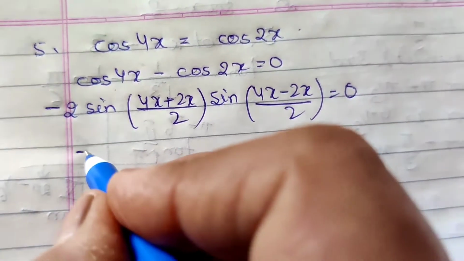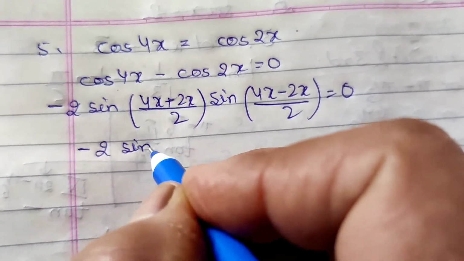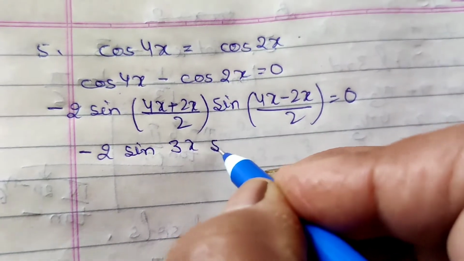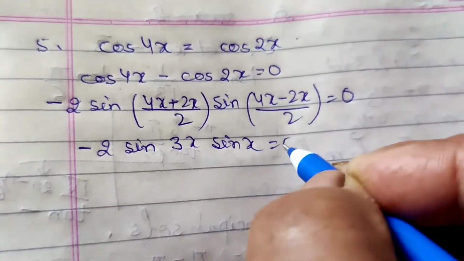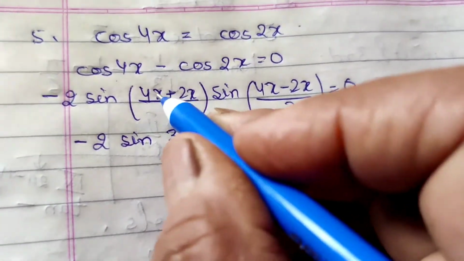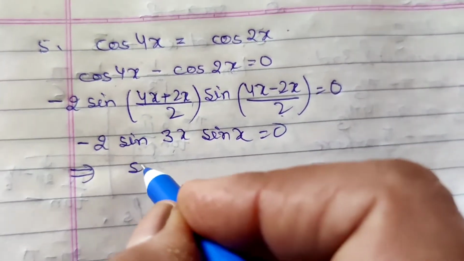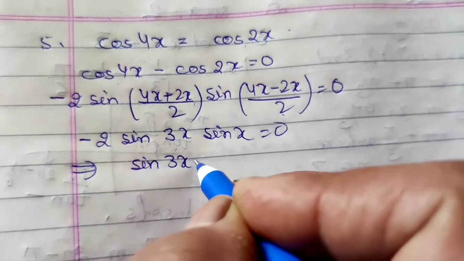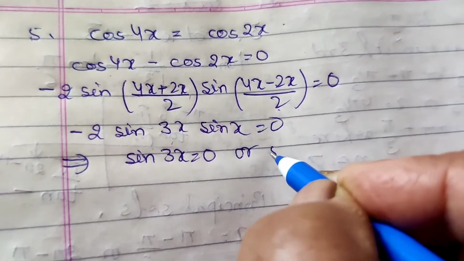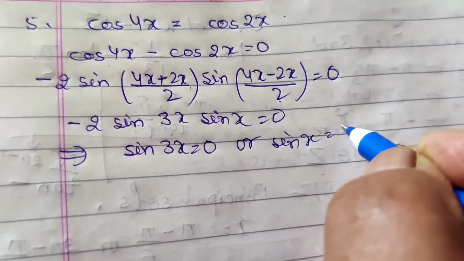So minus 2 sin 3x sin x equal to 0. This implies either sin 3x equal to 0 or sin x equal to 0.